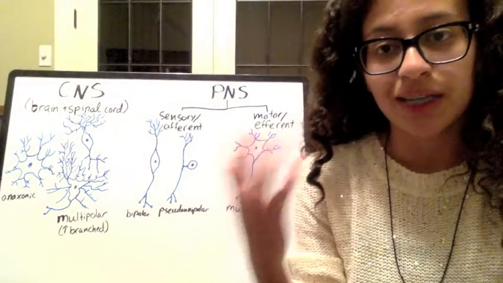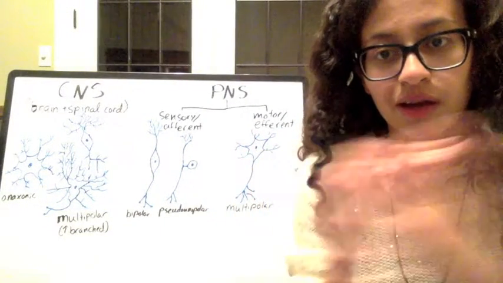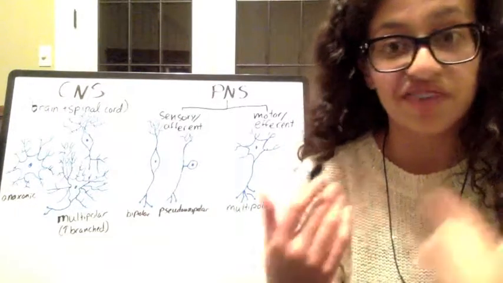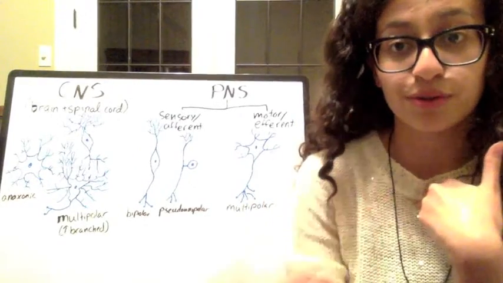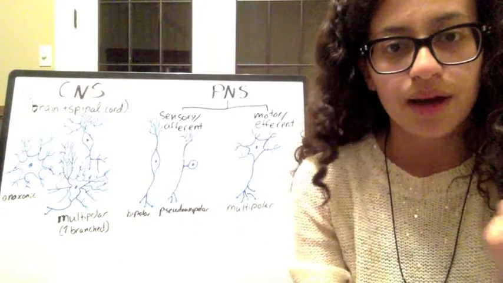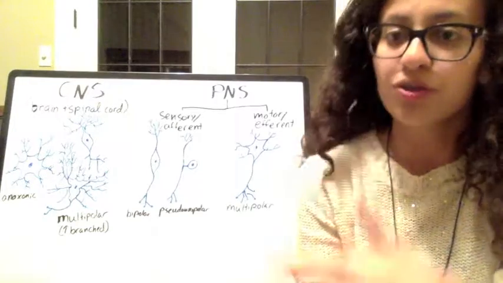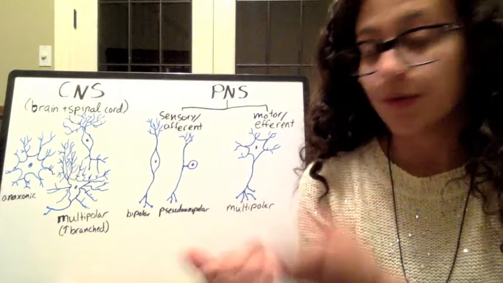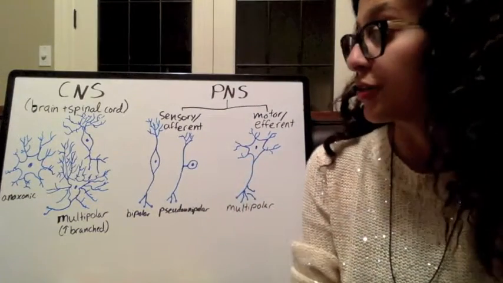That's because they're making fewer connections with other neurons like you'd have in the central nervous system. In fact, you can get from the central nervous system to an effector, say a muscle fiber, just by one or two of these efferent or motor neurons. So this different shape is related to their function, right?